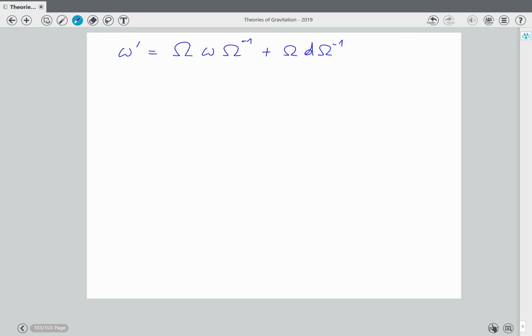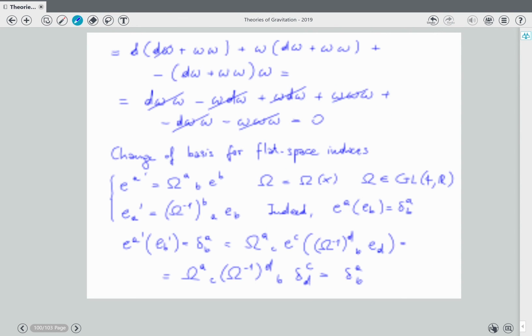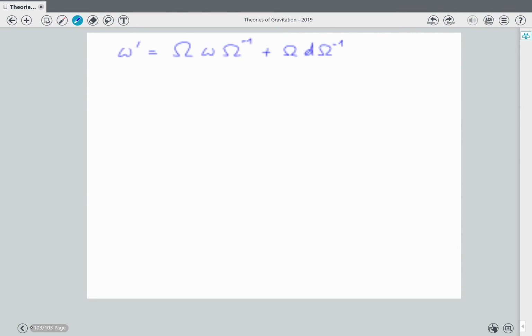And using this, we can transform everything we want now, because we know how the vielbein transforms. So actually, the differential forms, because we always prefer to work with them. And so in matrix notation, we can write it this way. So for example, if you want to transform the torsion, let's write the definition of torsion.